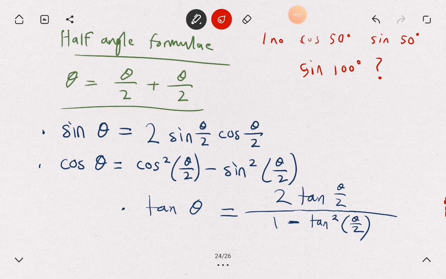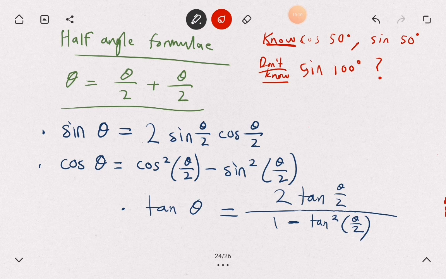This is what I know. This is what I don't know. I know the cos of 50 and the sine of 50, but I do not know what the sine of 100 is. So how do I do this?